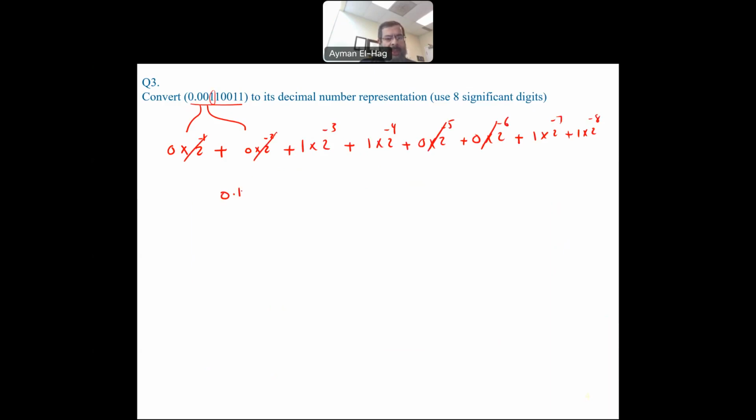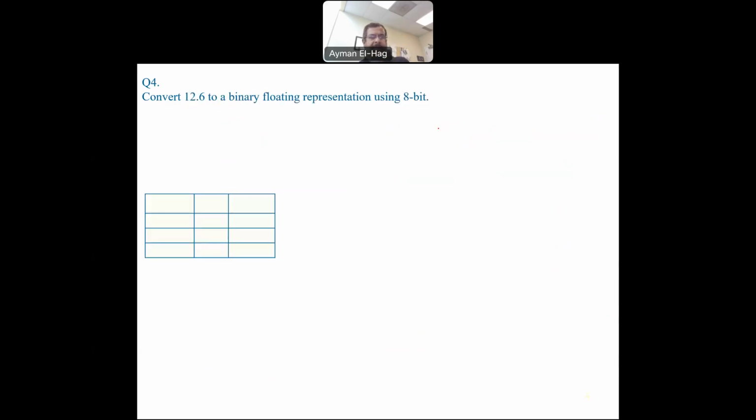So we'll have 0.125 plus 0.0625 plus 0.0078125 plus 0.00390625, and the total will be 0.19921875, with 7 significant digits.